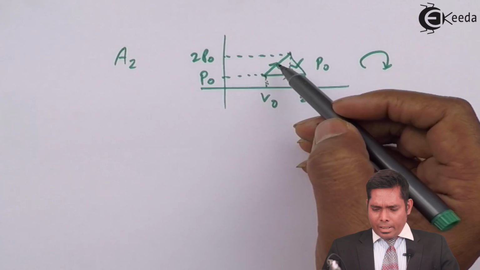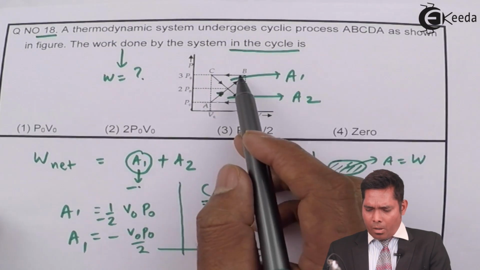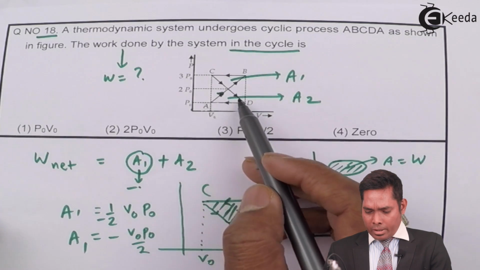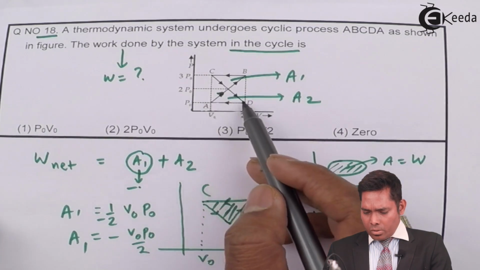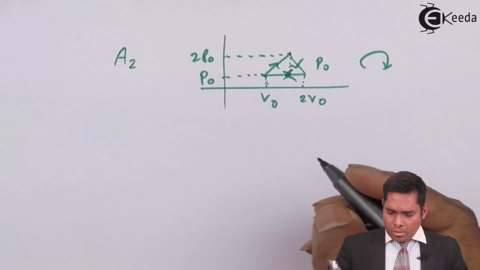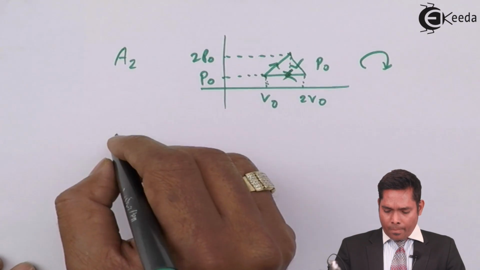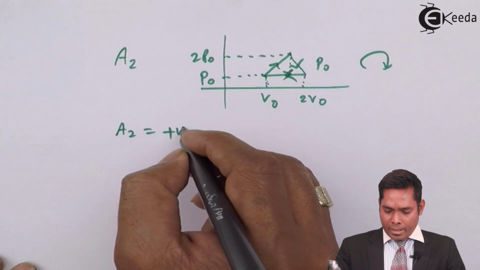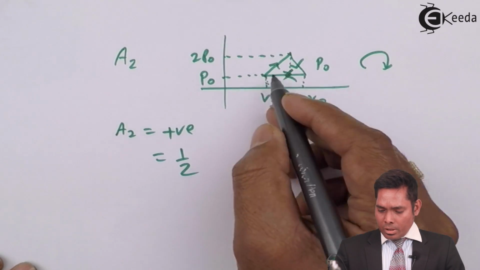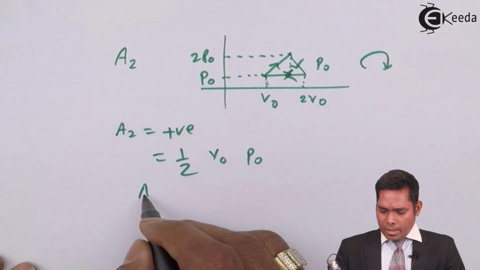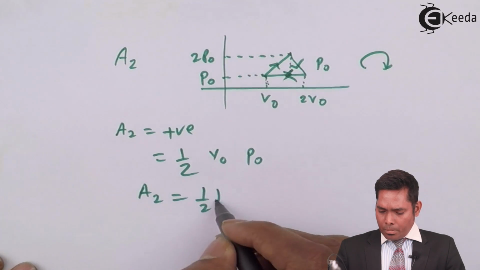So finally, because this one is lying below, the area will be negative, and this one is lying above and moving towards the right, so the area will be positive. So the A2 area is positive, that is half of the base V naught times the height P naught, so half P naught V naught.